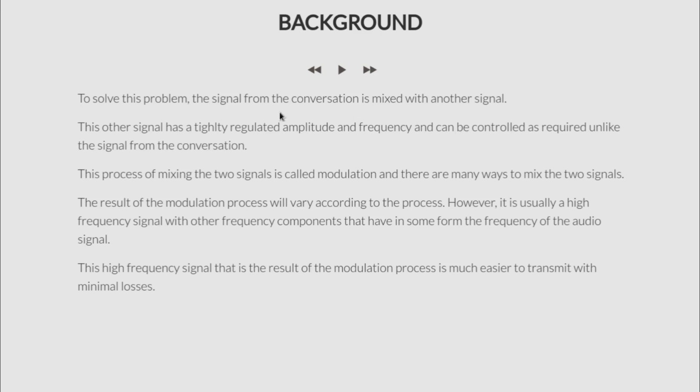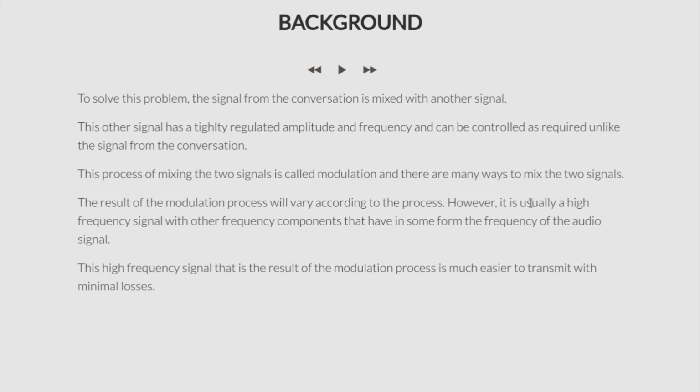Now, this process of mixing these two signals is called modulation, right? And there are many ways in which we can mix these two signals. We'll talk about a couple of major modulation processes very soon. The result of the modulation process will also vary as the process varies. Quite obviously, if you mix it in different ways, you end up getting different results. But we can make a couple of inferences even though the process may change.